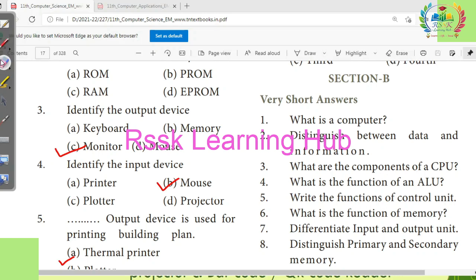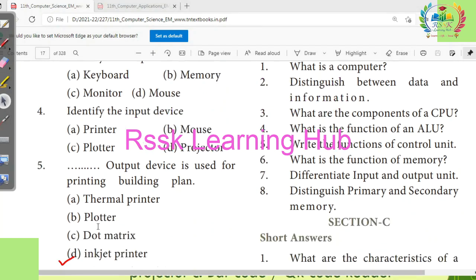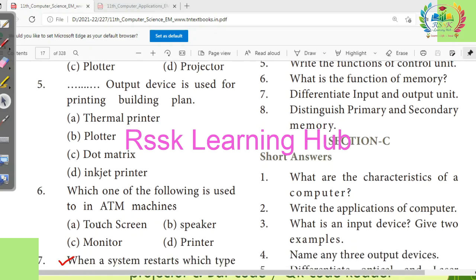Next, fifth question: the output device used for printing building plans. Dash is an output device: thermal printer, plotter, dot matrix and inkjet. Which one is for printing building plans?